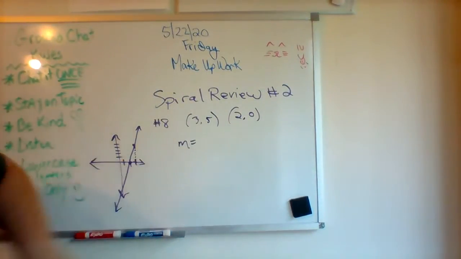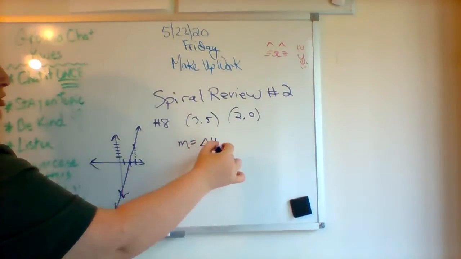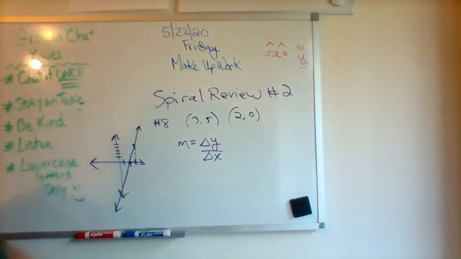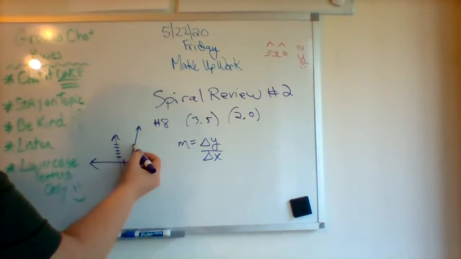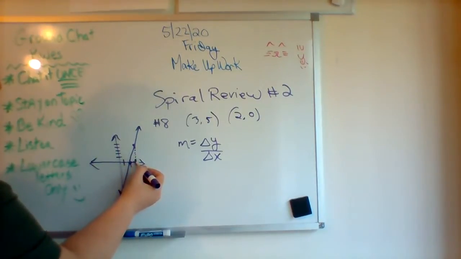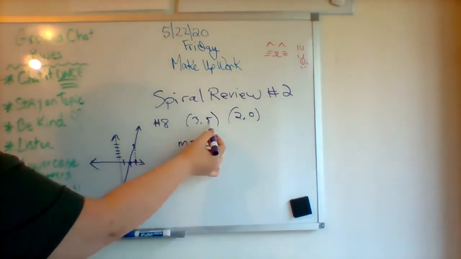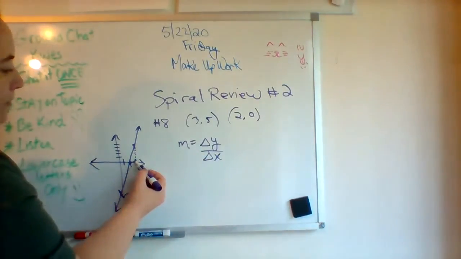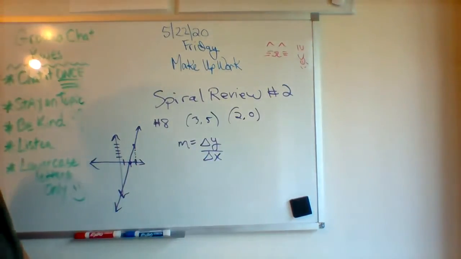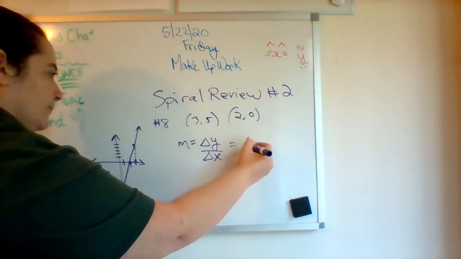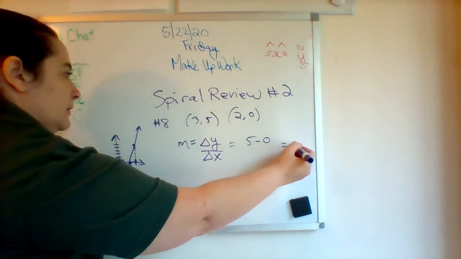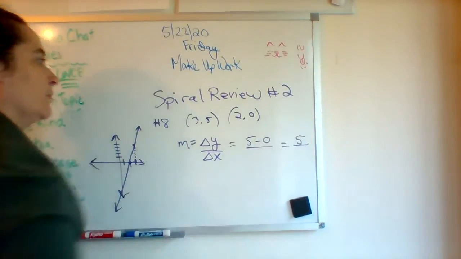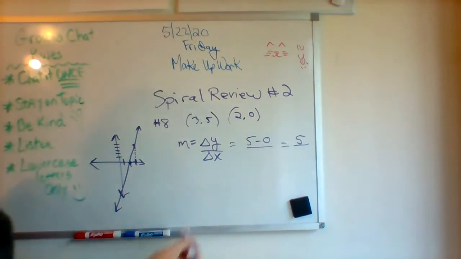The slope equals the change in y over the change in x. Now, what does that mean? The change in y. Meaning, what's the difference? What was the distance between the two y's? Over here, y is nothing. But over here, y is 5. So what you want to do is find that distance. Well, how much from 0 to 5? 5, right? Okay, now let's find the distance of x.